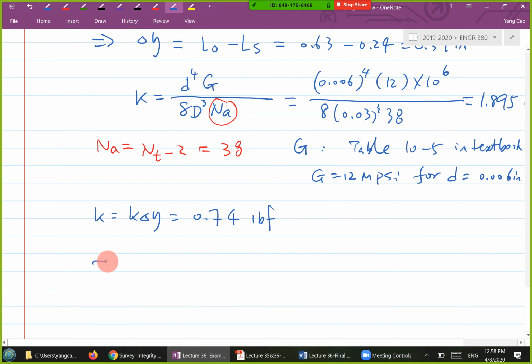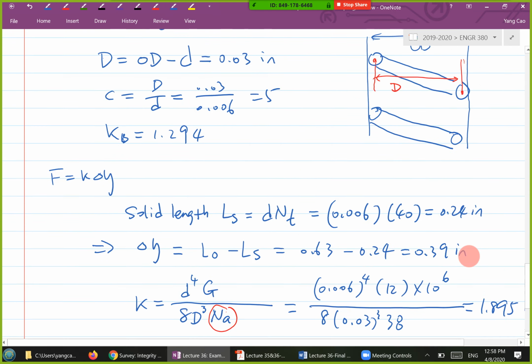So now I can calculate my shear stress. Plugging all of the numbers into the shear stress formula, we get 338.2 psi. Now this number is already actually more than SSY, right?